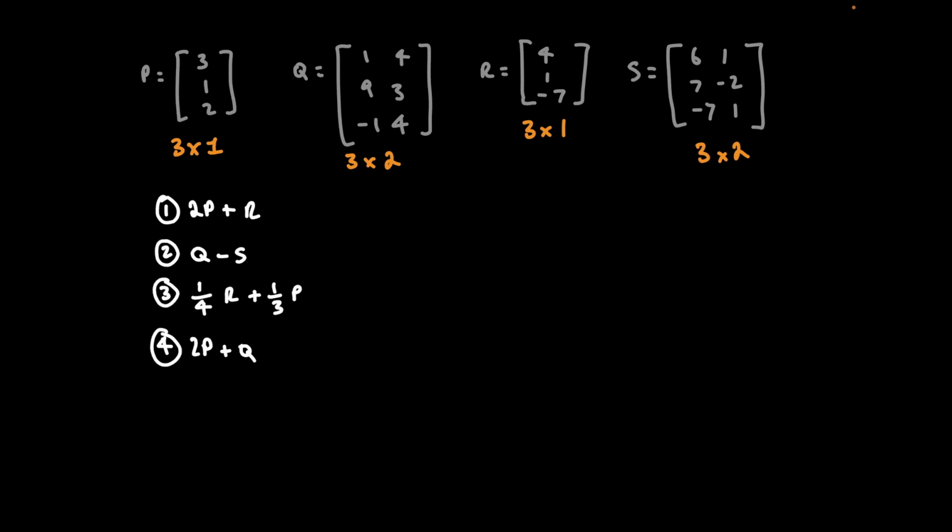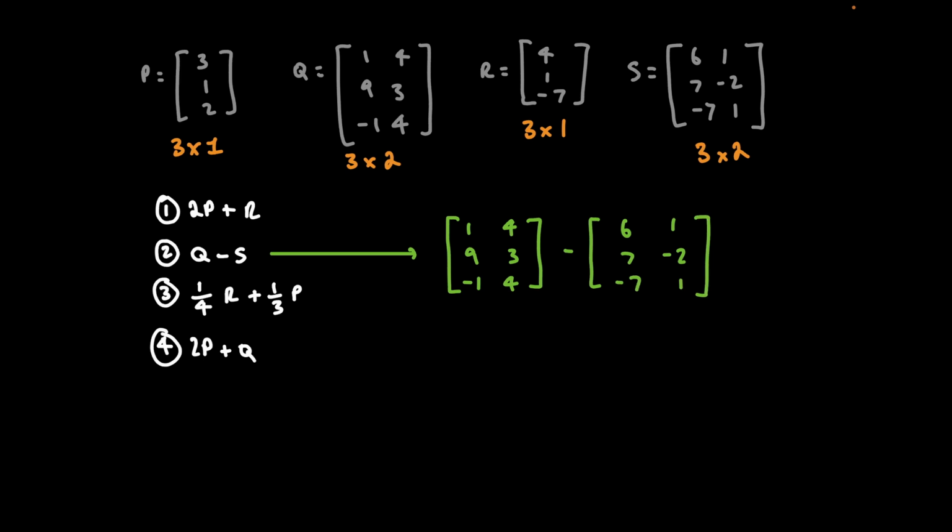So let us work out Q minus S. So matrix Q is 1, 4, 9, 3, negative 1, 4, minus 6, 1, 7, negative 2, negative 7, 1.